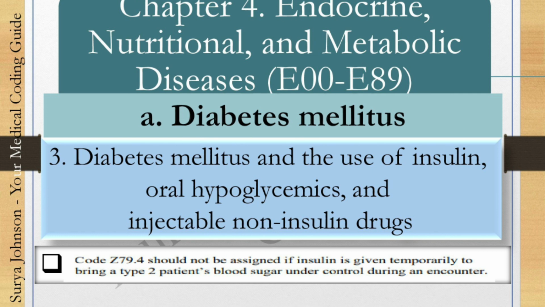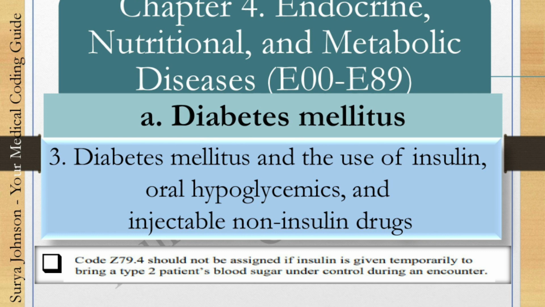So if the patient is taking it temporarily, for example, patient comes to an encounter, the patient is not taking the insulin regularly, like the patient is not on long-term use of this insulin. The patient may be having some other oral hypoglycemic or something like that, or the patient is on dietary control.